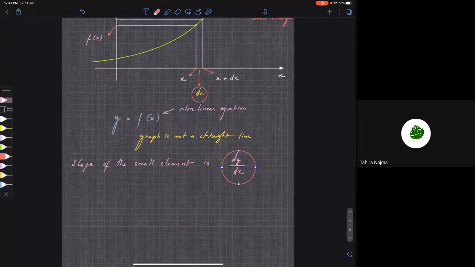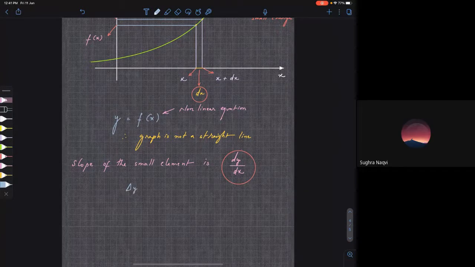So until now it was delta y by delta x, right? So delta y by delta x has changed to dy by dx. Clear? So delta y by delta x is fine if you have a straight line.